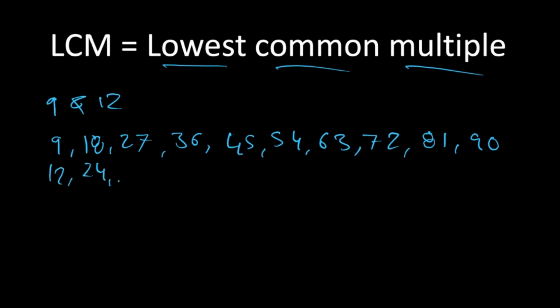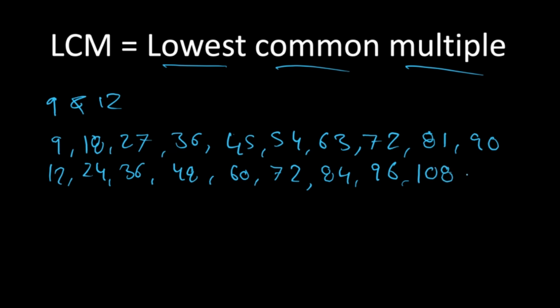So 12, 24, 36, 48, 60, 72, 84, 96, and 108. So you would find the matching number. In this case, it is 36, which is the lowest common multiple.